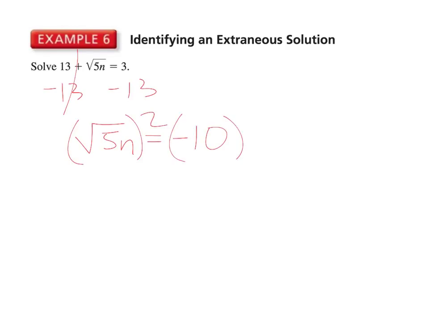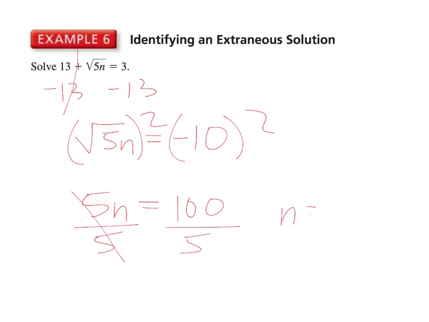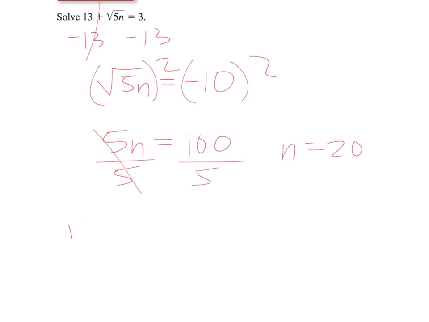All right, and last example. Here I first have to subtract 13. Square root of 5n is equal to negative 10. Then I'm going to square both sides now to get rid of the radical. I have 5n is equal to 100. I divide by 5, and n is equal to 20. Now for the 20, if I plug it back in, I have 13 plus square root of 5 times 20, which is the square root of 100, is equal to 3.